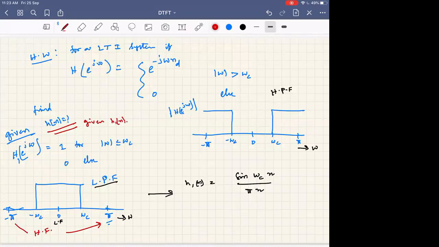Hope you will be able to do this. There is a need of applying one property, the shifting property, and other small linearity kind of things. Yes or no?